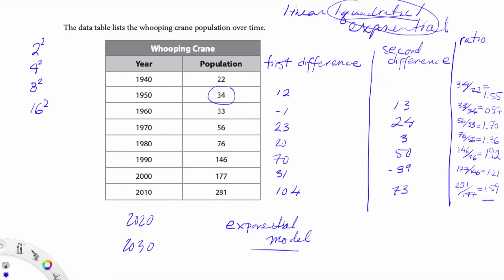Then you think, okay, maybe it's exponential, and you calculate the ratio of successive data points. When we did that, we got numbers that were close enough that we could say yes, this fits the exponential model. The next thing we would do is regression, which you know how to do, and we'll go over that tomorrow.